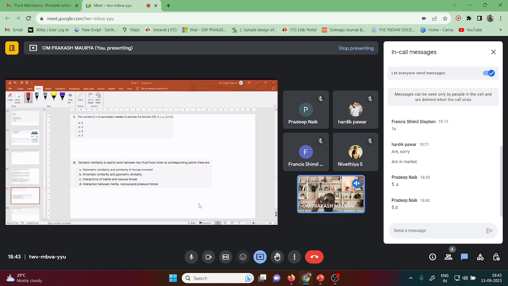Let's say the Froude number of your model and the Froude number of your prototype will be the same. If the Froude number for the model is 1.5, then for the prototype it will also be 1.5. So to derive the expression for a non-dimensional parameter, we need the Buckingham Pi theorem. This is the motivation behind why we study the Buckingham Pi theorem.